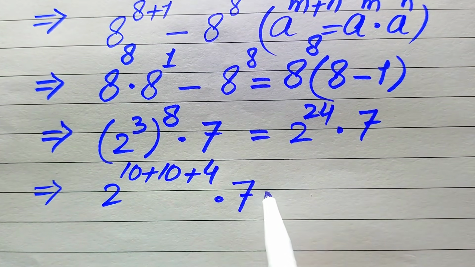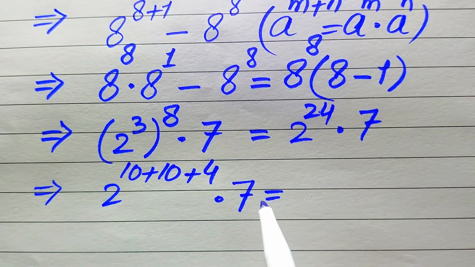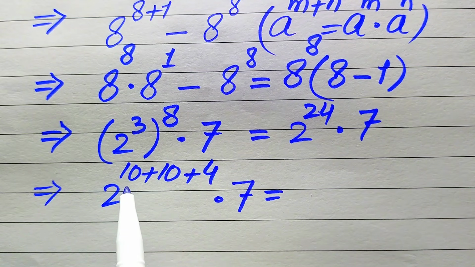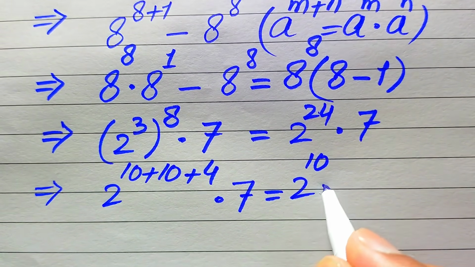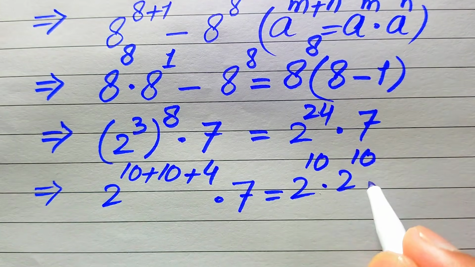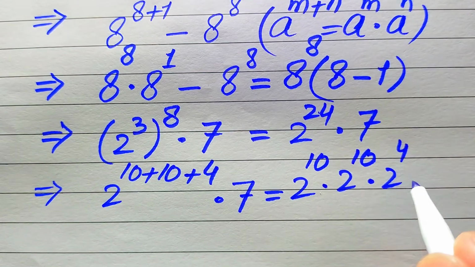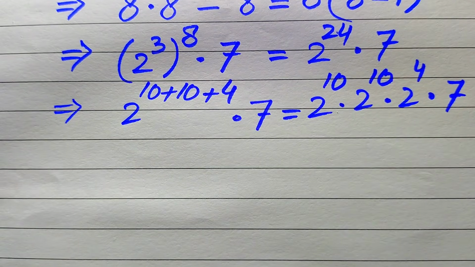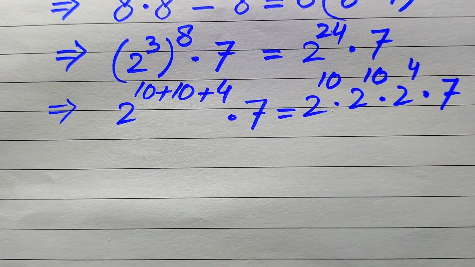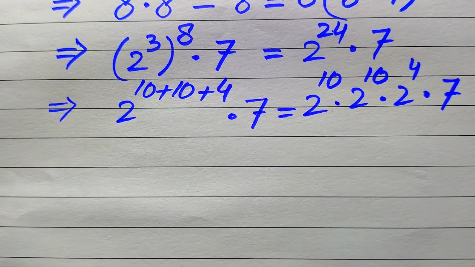Here we use another exponential rule, and according to that we again break these exponents and write it as 2 to the power of 10 times 2 to the power of 10 times 2 to the power of 4 times 7. Here we need to multiply all these bigger numbers without using the calculator. I hope you like this method.